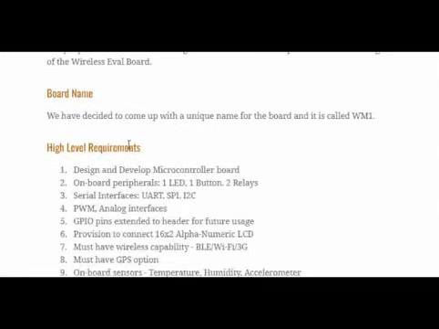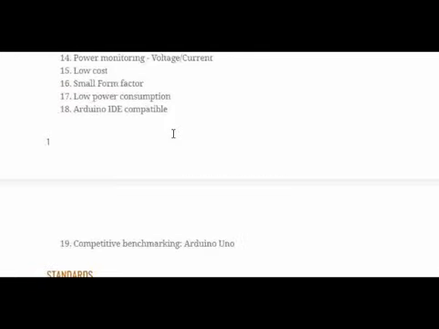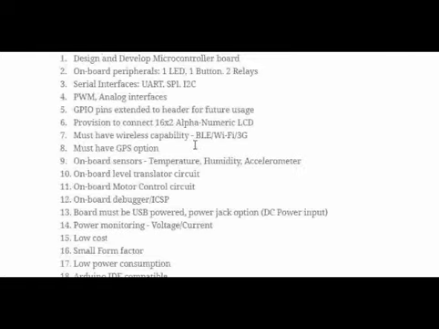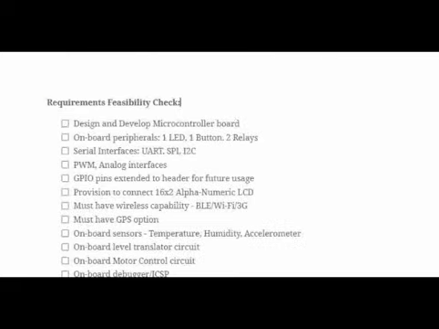And then we got these high level requirements from the marketing team, right? So now we are going to do a very high level feasibility study to see whether these requirements can be met or not. For this, we can just prepare a checklist kind of thing, and then the design team can sit together and see if these requirements can be met or not.